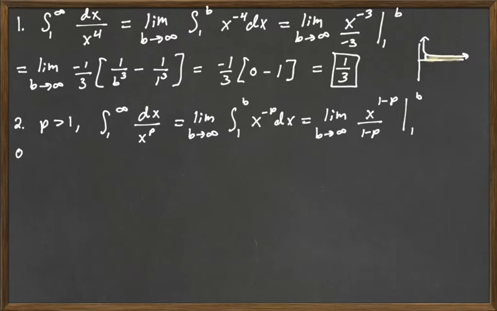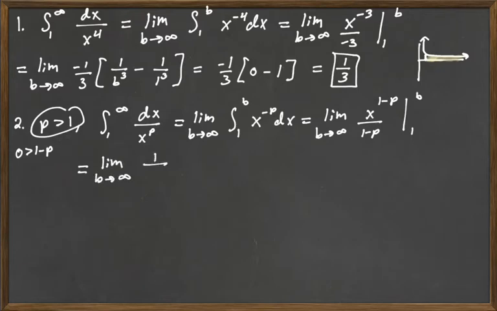Okay, so p is greater than 1. So if we subtract p from the inequality here, we have 0 is greater than 1 minus p, or 1 minus p is negative. Think of negative 3 in the previous problem. Let's work this out.